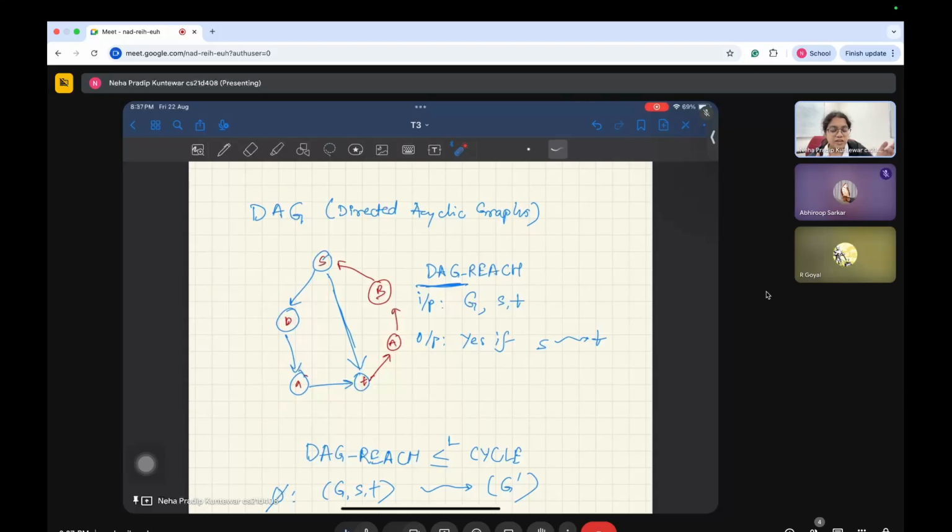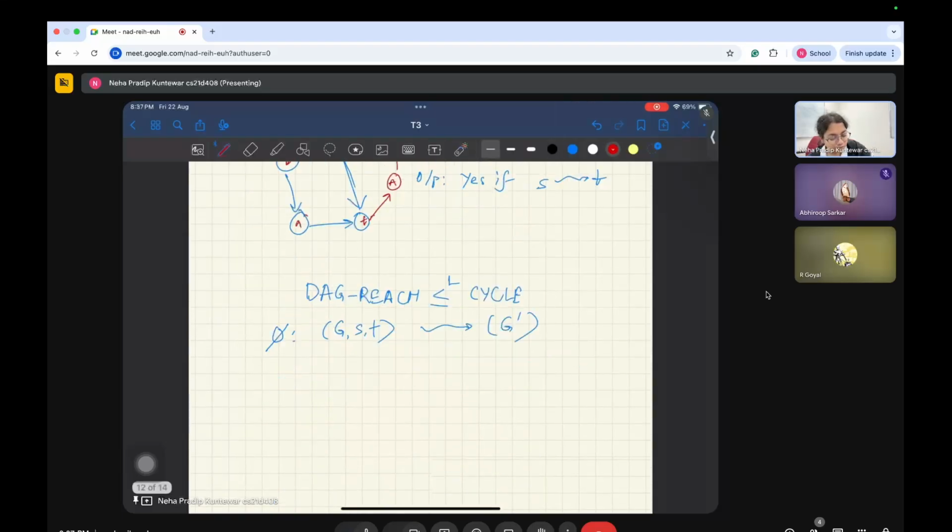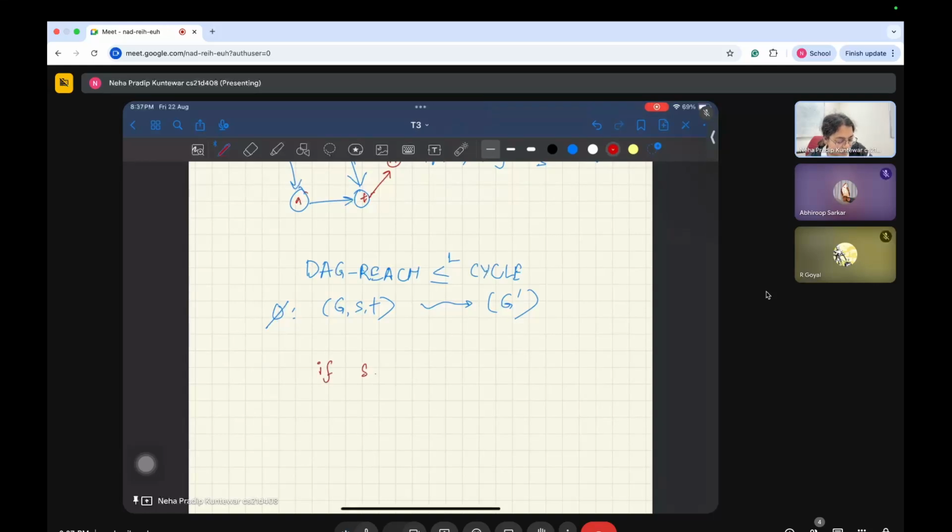What this will ensure is that if there is an S to T path in the DAG G, then there has to be a T to S path in my new graph G prime, and hence there is a directed cycle in G prime.